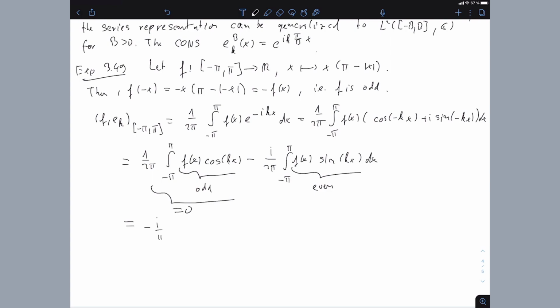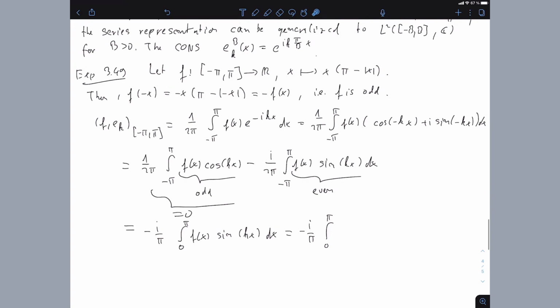So they have minus I divided by pi, integral from minus pi to pi, f of x. Now if I insert the definition of f, you can see that using the evenness of the integrand and halving the integration domain lets us get rid of the absolute value, which makes our life much easier.